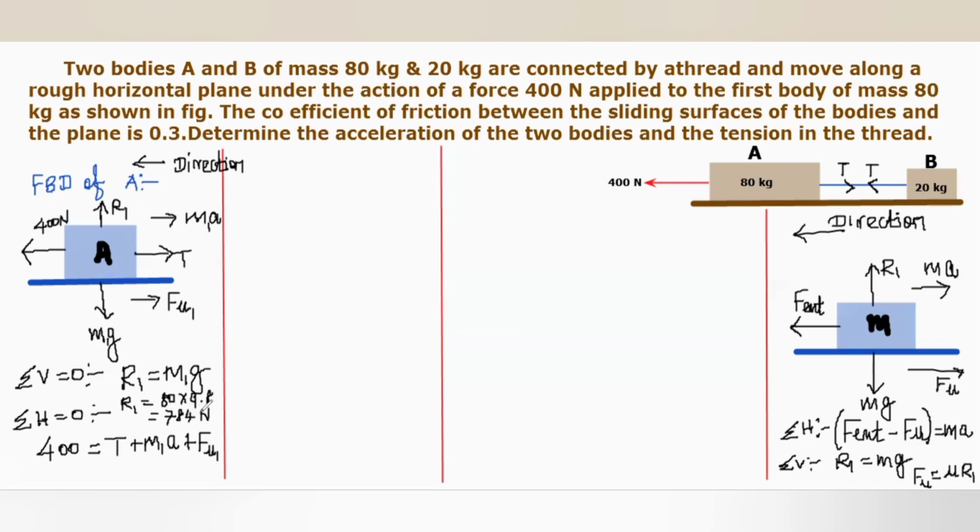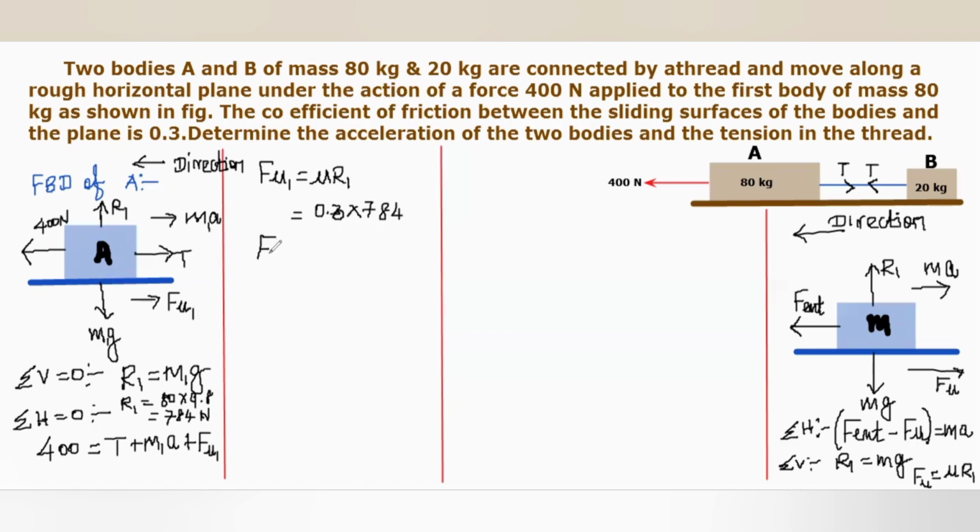Then here F mu 1 equal to mu multiplied with R1, coefficient of friction multiplied with R1. So substitute the coefficient of friction value 0.3 multiplied with R1, 784.